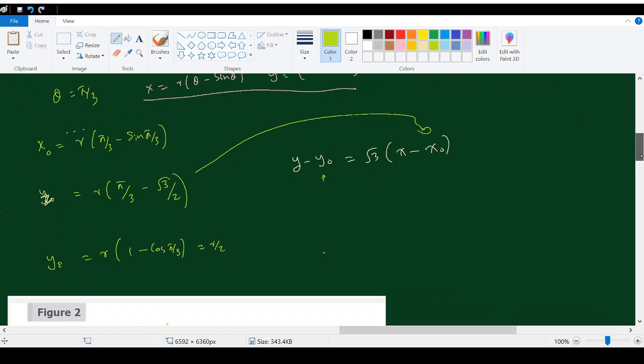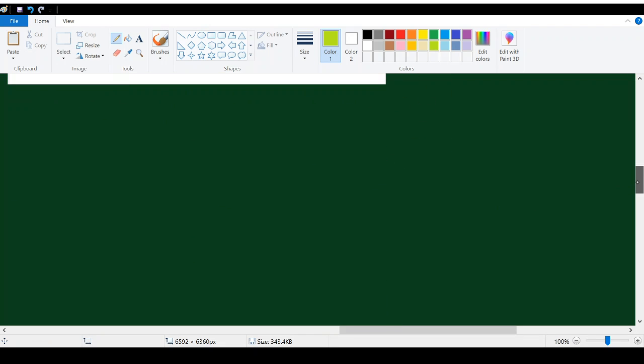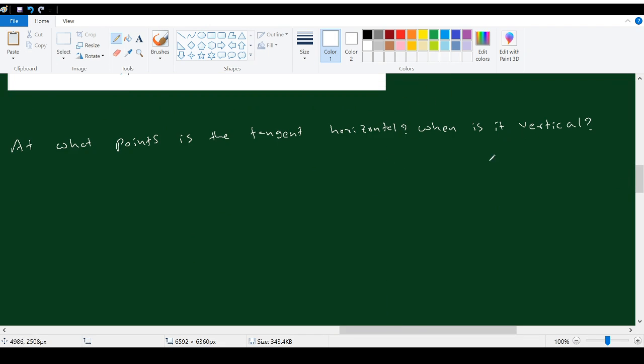derivatives and the tangents. So actually if you have a look at the diagram, you can see that theta equals pi by 3 parameter will be responsible for the x naught and y naught point in here, and you will be drawing this tangent. Okay, and then the next question is, at which points is the tangent horizontal and where is it vertical?